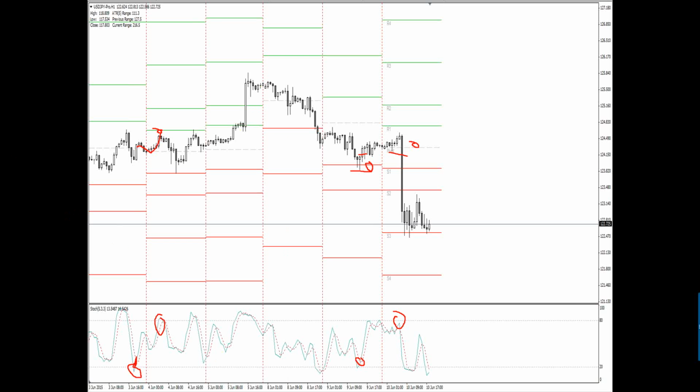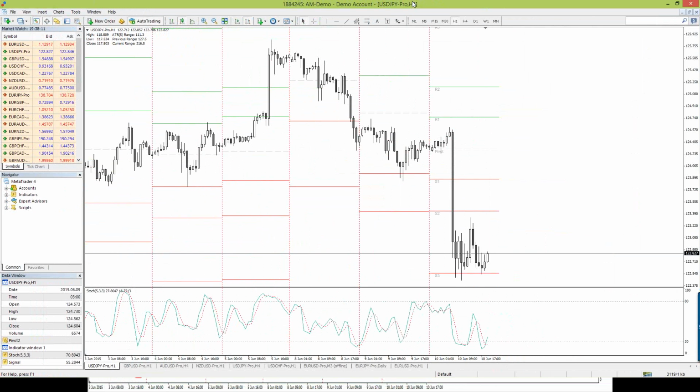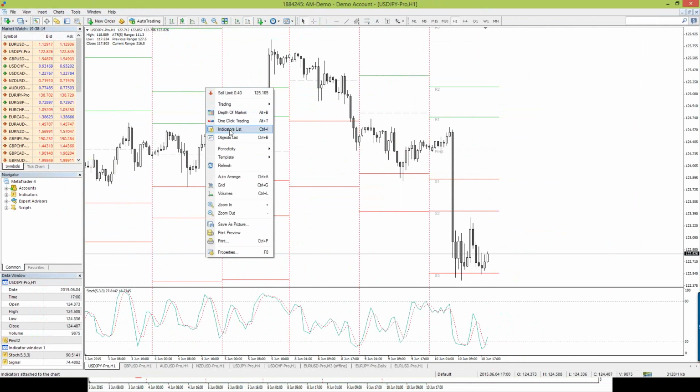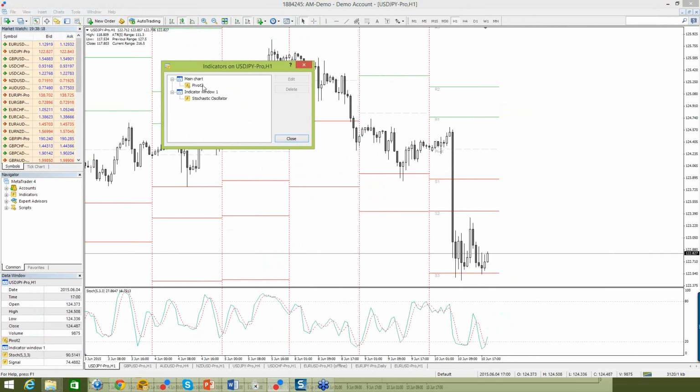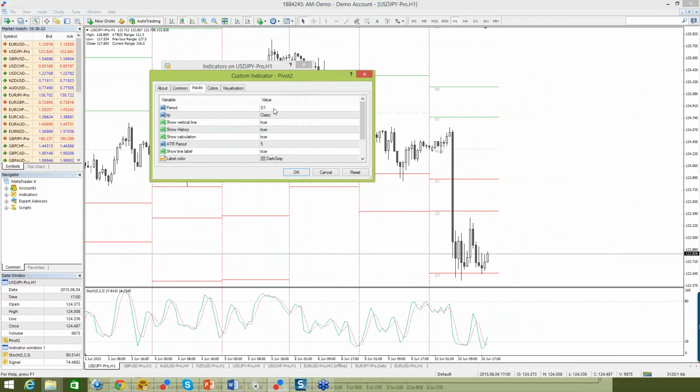Now if we take the opportunity and show you live charts, I will show you how you can apply this to your charts also. You can see it here, guys, the indicator list. Here you see the pivot 2 indicator. Here you can see period daily, and you just need to press show history and classic. You see there is Camarilla and classic.